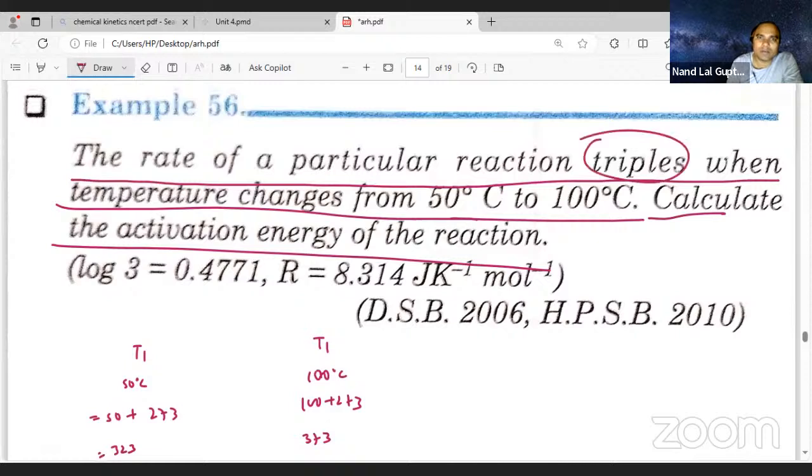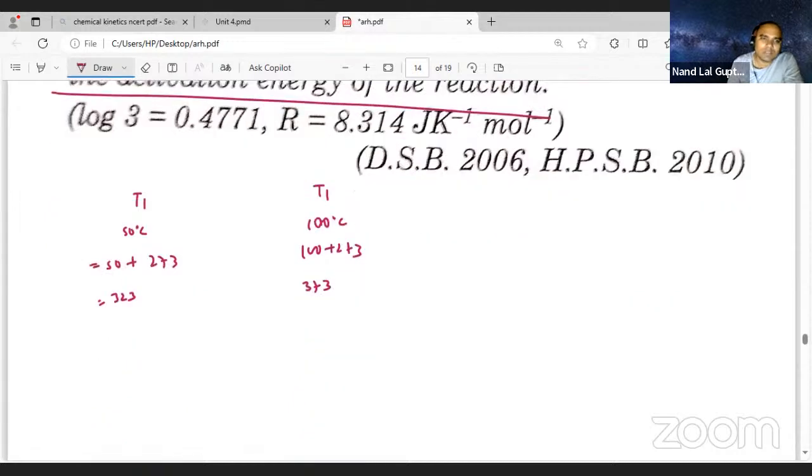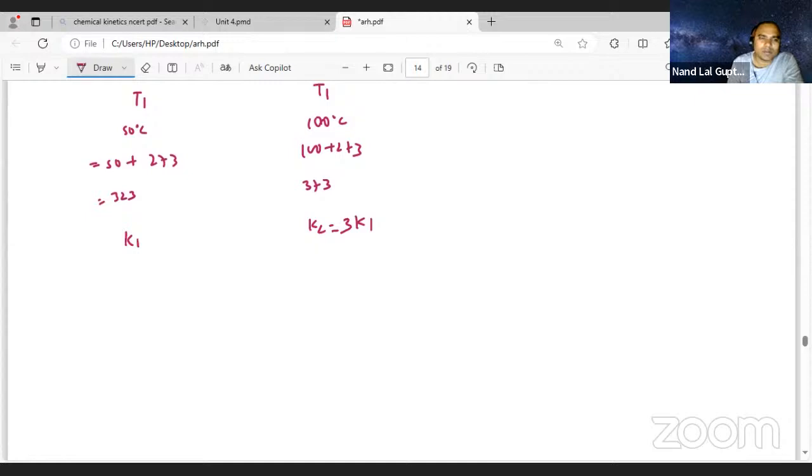The rate of the reaction triples when the temperature changes. So if this is K1, then K2 is going to be 3 times K1. Log K2 upon K1 is equal to activation energy upon 2.303 R, here T2 minus T1 upon T1 T2.